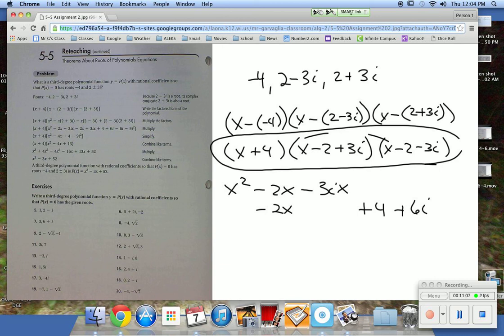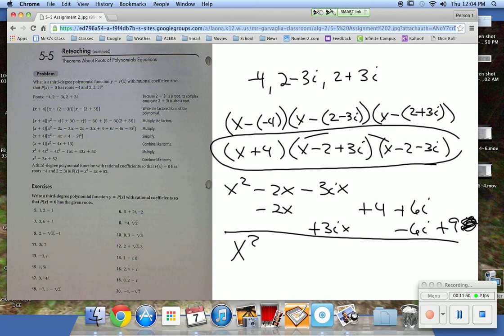So then I'd take my 3i and I'd have a plus 3ix. I'd have a minus 6i. I would have a minus 9i squared. What's i squared? Negative 1. So I'd have a minus 9i squared, which eventually is going to turn out to be a plus 9. All right.